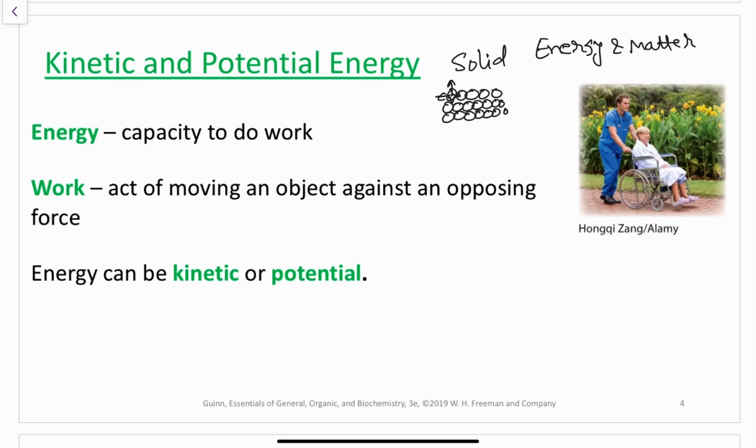Now, if we talk about the energy definition, we have already seen the relationship between energy and matter. Now let's talk about the energy.